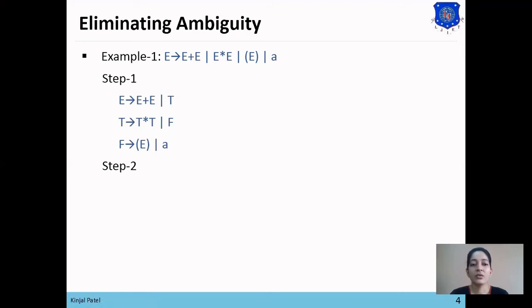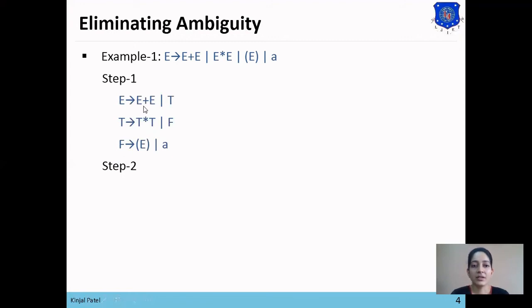So we need to convert this grammar into left recursive. Why left recursive? Because plus is a left associative operator. If the operator is right associative, then we will convert our grammar into right recursive. So we are just blocking one side so that our parse tree can grow from only one side.